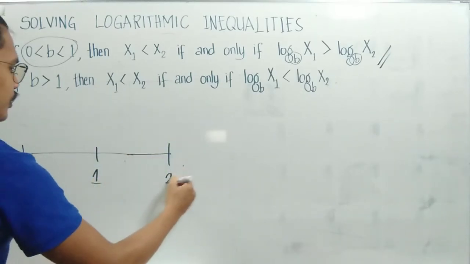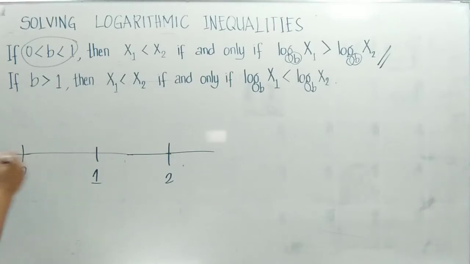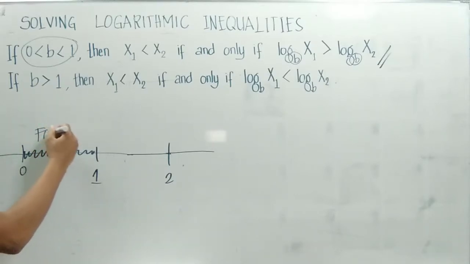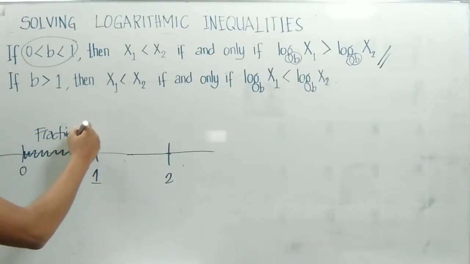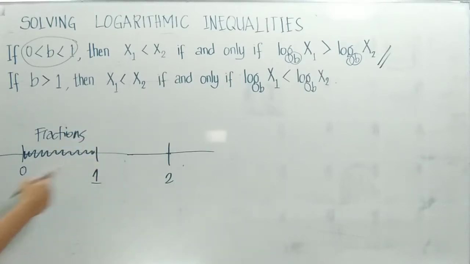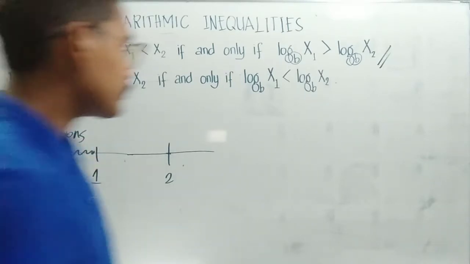So assuming this is your number line, so this is 0, this is negative 1. The condition is in between 0 and 1. So we have here fractions. Fractions less than 1 but greater than 0.